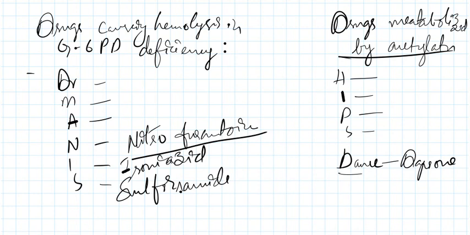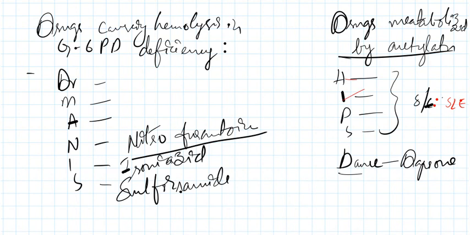Now the first four drugs cause a side effect, that is SLE. This is an MCQ. These four drugs cause SLE, right? What are those four drugs?